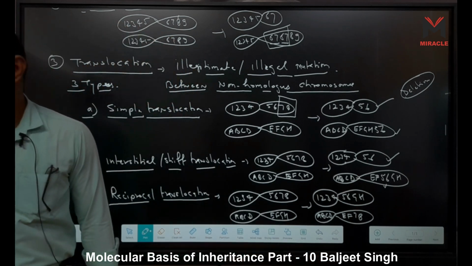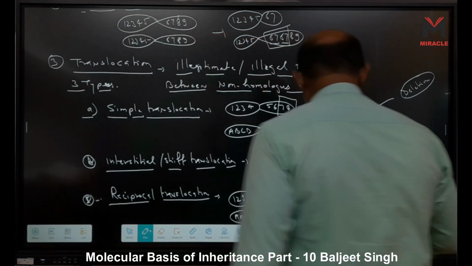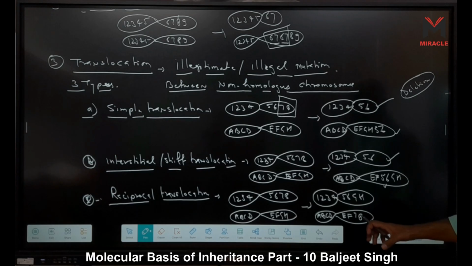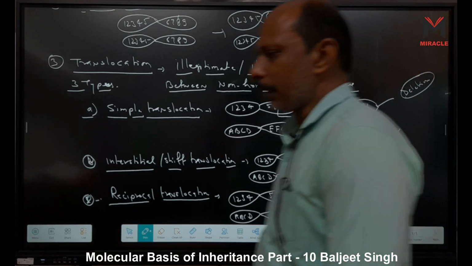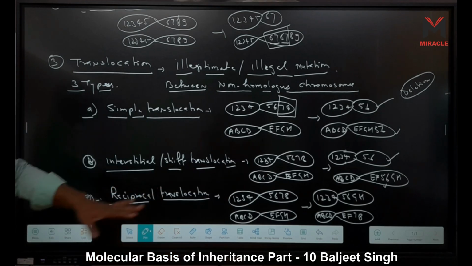This is an example of reciprocal translocation. Sometimes 7, 8 come to that side, GH come to that side, maybe CD come to that side.